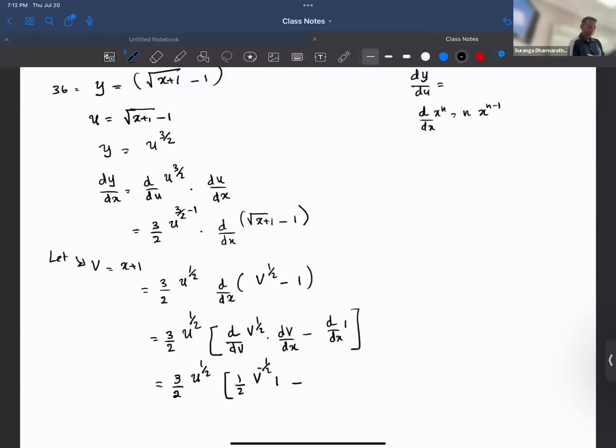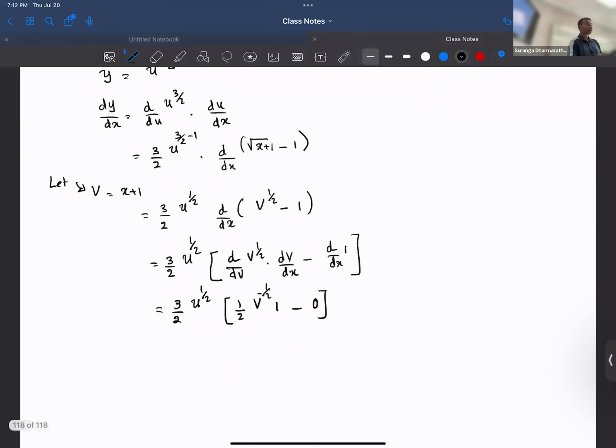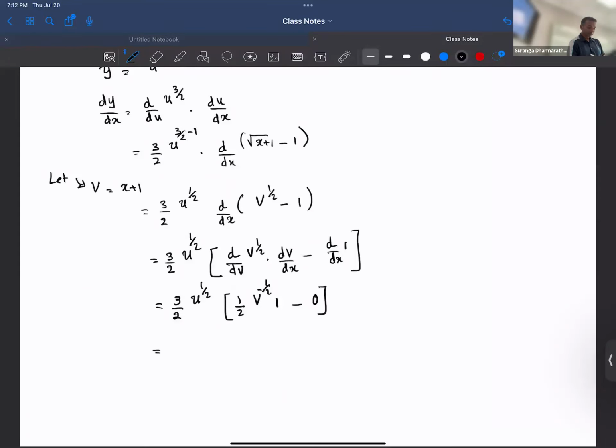Minus, what is the derivative of d over dx of 1? 1 is constant, so 0. So if I multiply by this one, this is going to be 3/4 u to the power half divided by v to the power half.